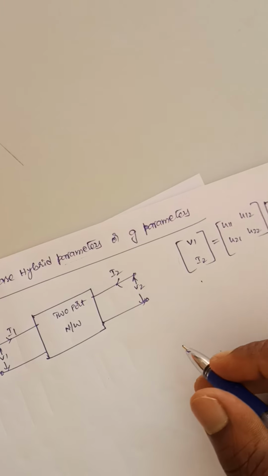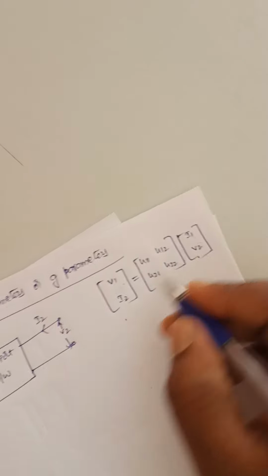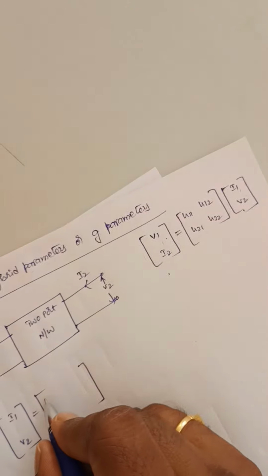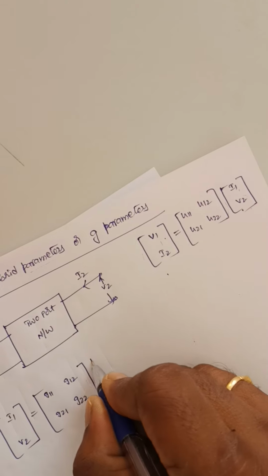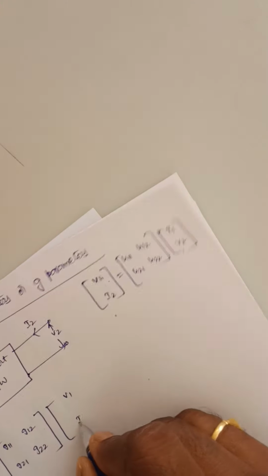Instead of V1 I2, it is I1 V2, equal to G11, G12, G21, G22 times V1 I2.